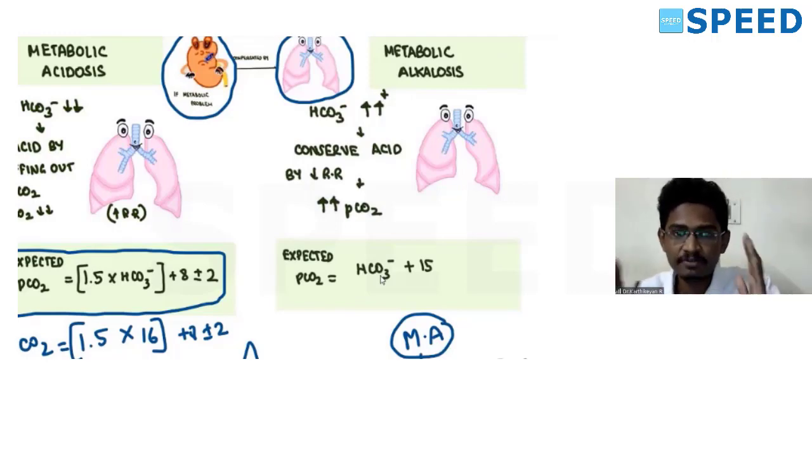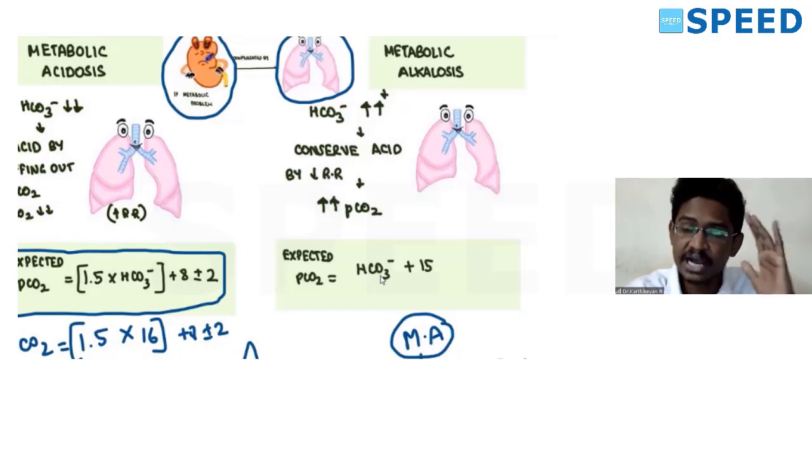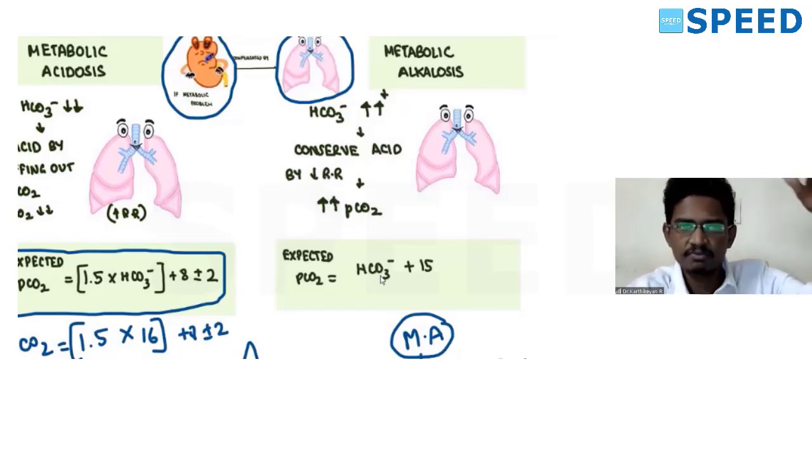Like anion gap, if this is a high anion gap, then what more you should do. Delta ratio. See, these questions are more preferentially asked in INI-CET than NEET. In NEET, your level will end with interpretation of acidosis or alkalosis.